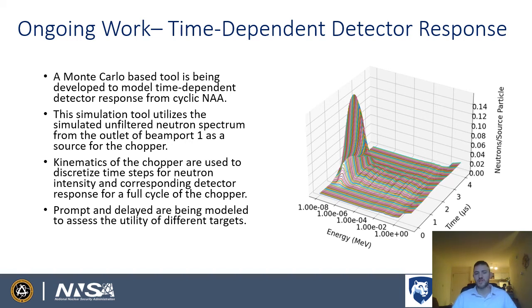This information is coupled with the kinematics of how the piston moves in time, and this is used to discretize time steps for neutron intensity, which then correspond to a specific detector response at an instance in time, with the chopper either fully closed, partially opened, or fully open to this neutron beam. In doing this, we can simulate the prompt and delayed gamma response, and this will help us assess the utility of using different targets that we can select.